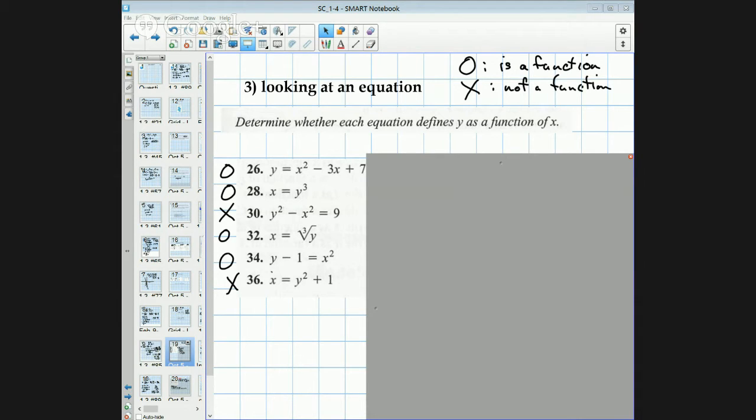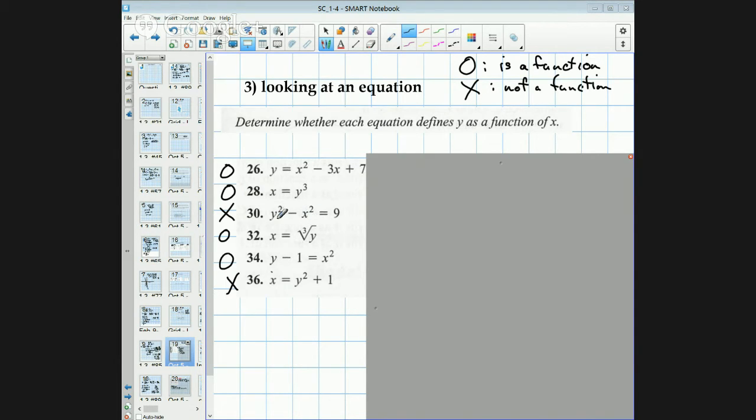Remember why are the two X guys marked on this particular page? Well, we'd have to solve for y, and eventually, like in number 30 here, when you add x squared to both sides, you're going to have to take the square root so you can get not y squared by itself, but y.